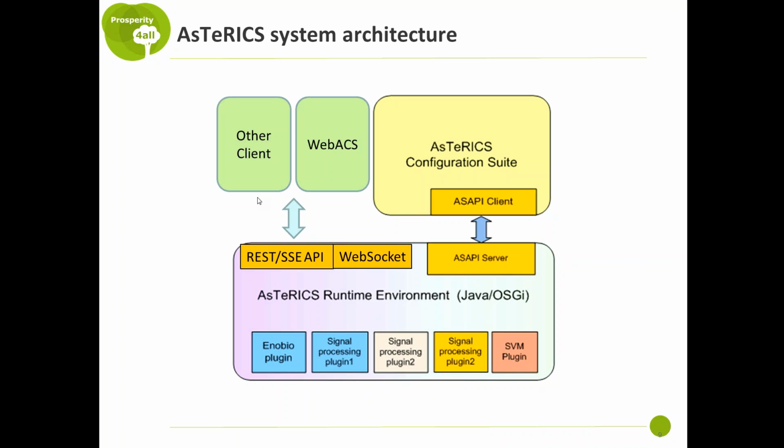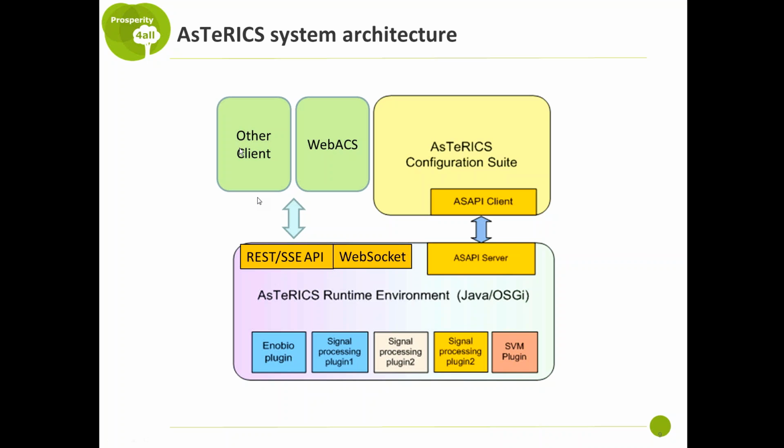And here you can see a simplified version of the system architecture. As you can see, there's the runtime environment with several plugins as OSGi bundles, and then you have this new interface, the RESTful API, and also a WebSocket.